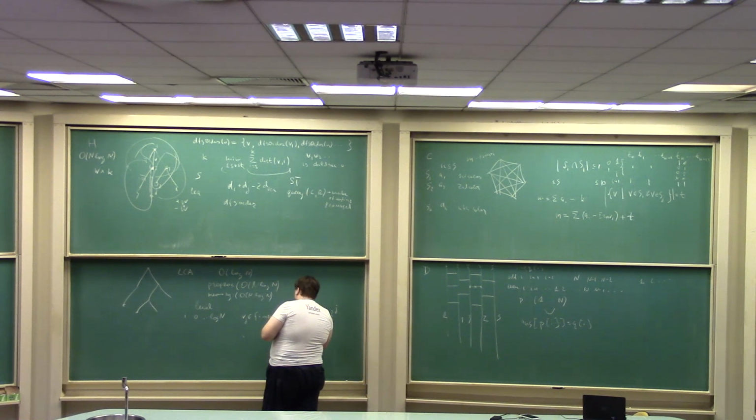Otherwise, if the distance between the root and I is less than 2 to the power of j, then Vj is actually the root.